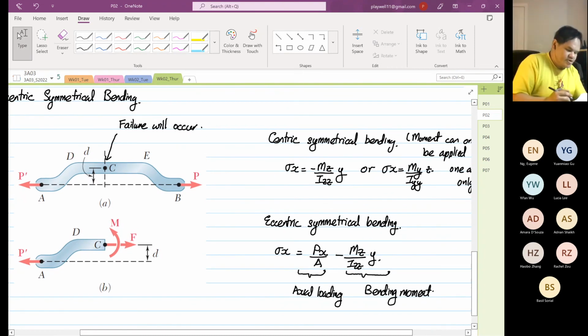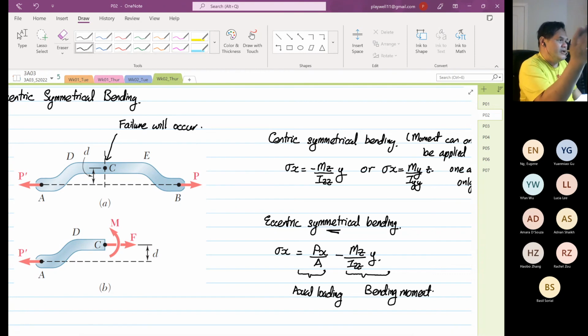So this is the case. On the left hand side, the figure shows the structure that's under eccentric symmetrical bending. Now you guys will understand what we mean by symmetrical. The stress field on alpha, beta, I, and J, like what I explained to you last week, are equal.